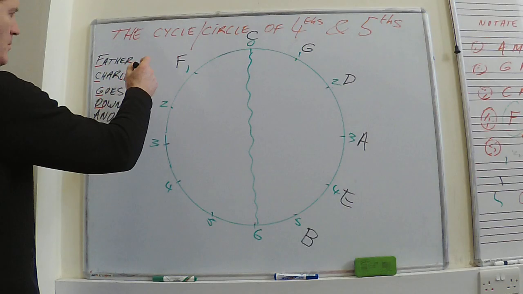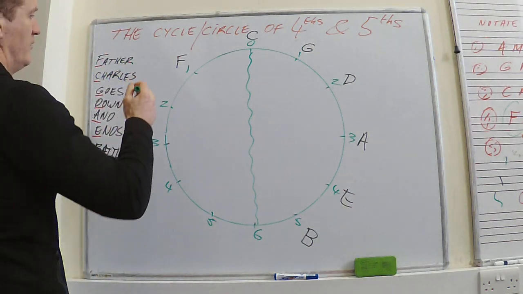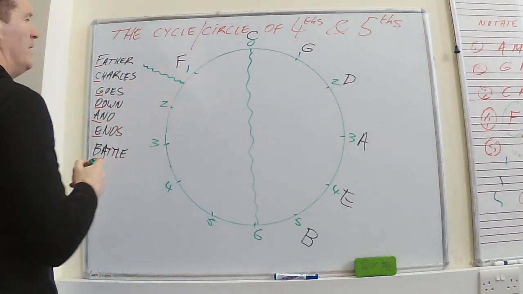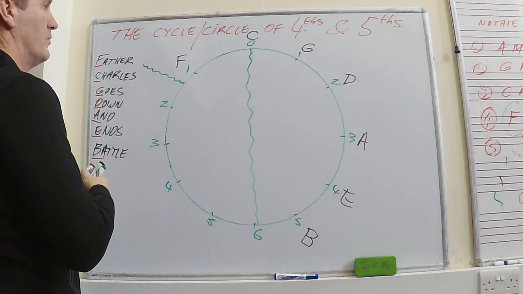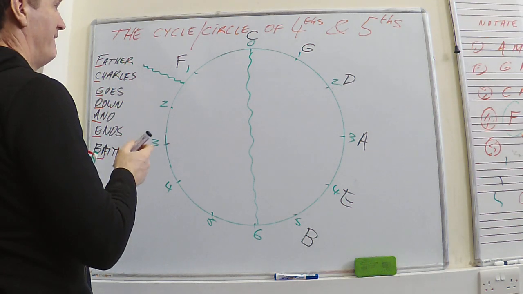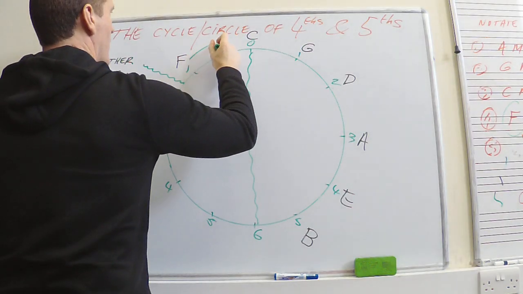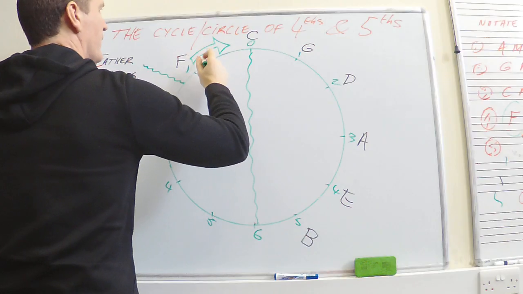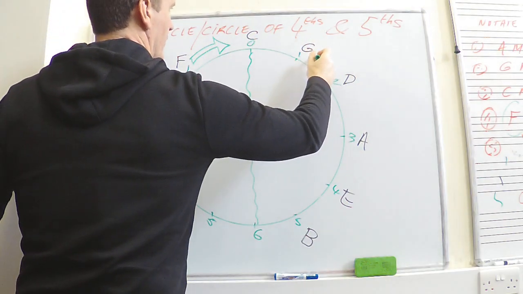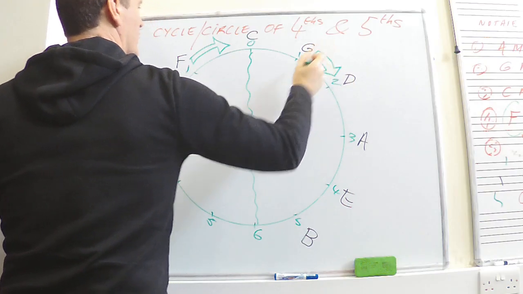What I would do if I were all of you is I would do a squiggly line here that tells you that there is a division. You're going to have to understand that from the F all the way around here, you go in what's known as a clockwise direction.